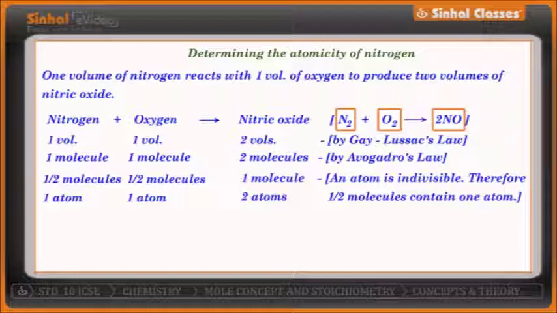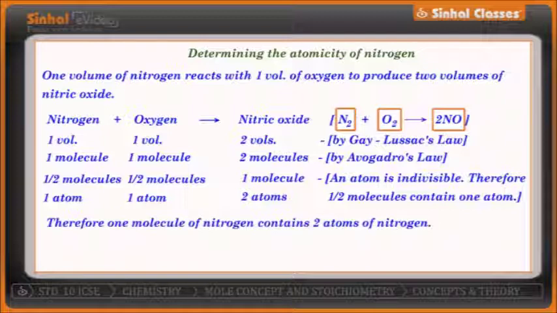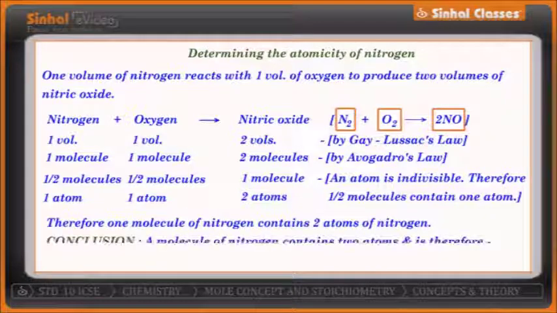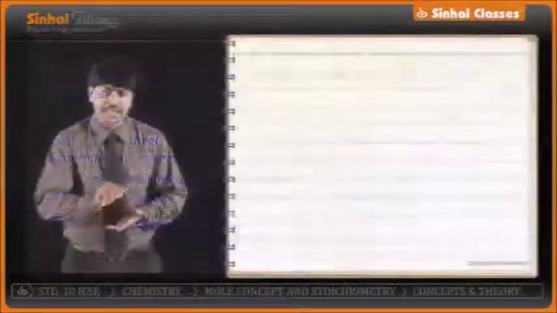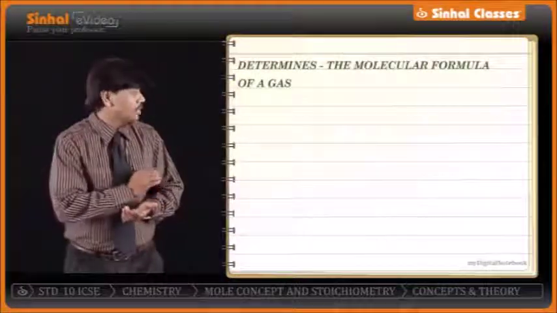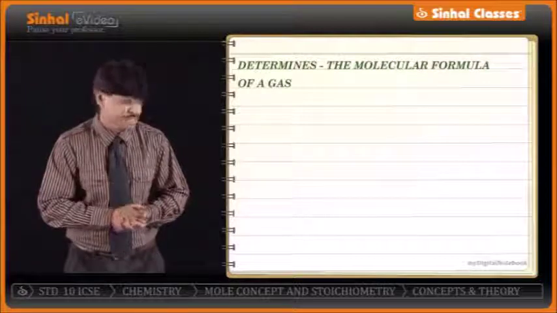They combine together to give one molecule of nitric oxide. Therefore, one molecule of nitrogen contains two atoms of nitrogen. Conclusion: a molecule of nitrogen contains two atoms. Therefore, it is diatomic.